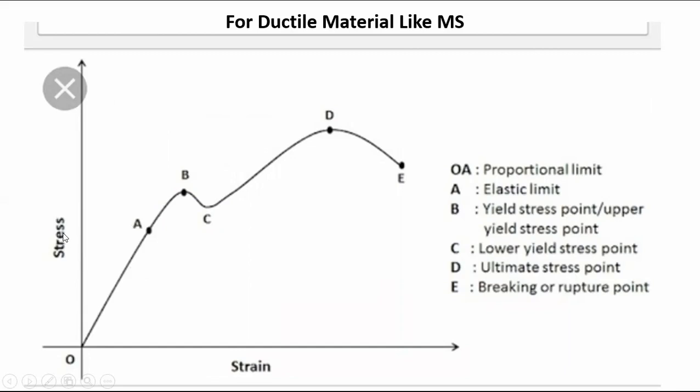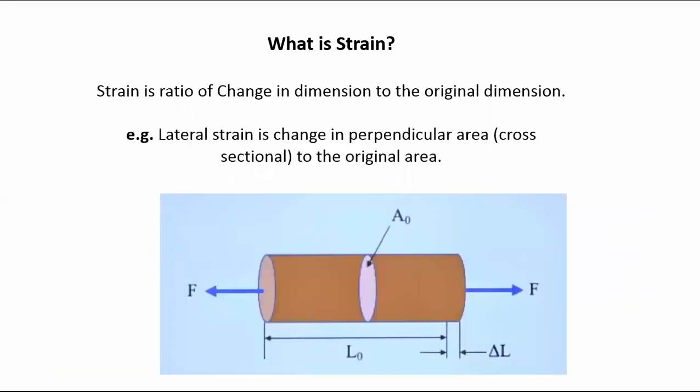That means I can write stress, let us say stress is sigma, directly proportional to strain. Then if I add a proportionality constant, that constant will be nothing but the Young's modulus, or any modulus. In case of a shear stress, it will be the modulus of rigidity.